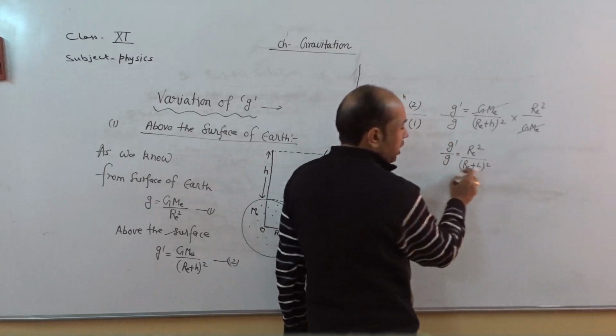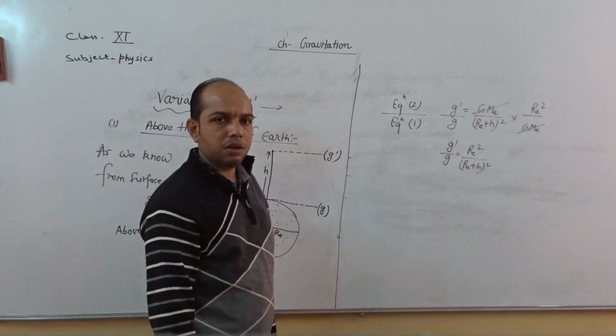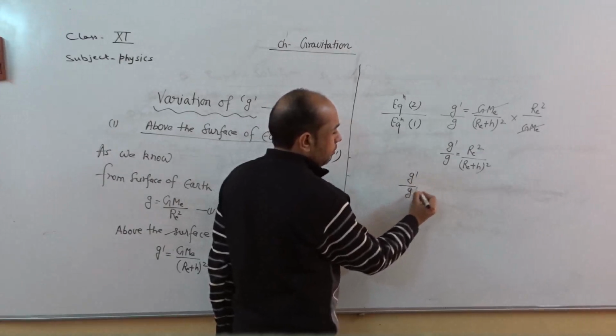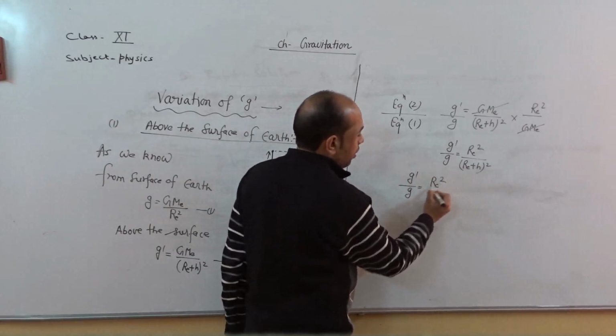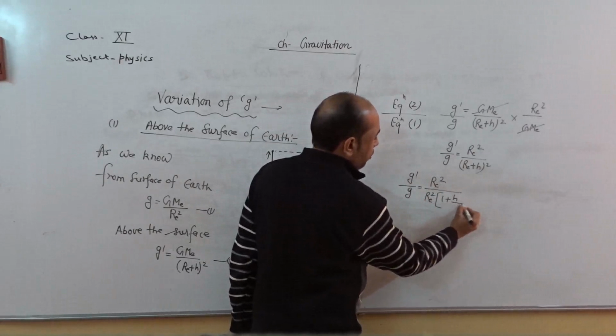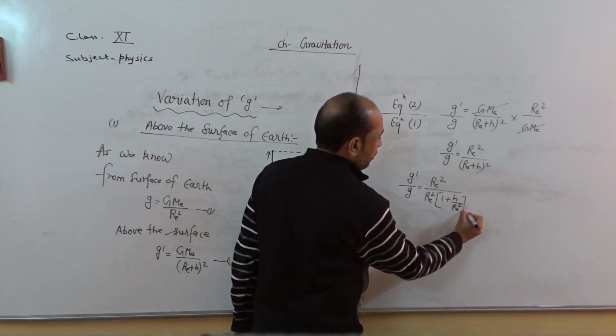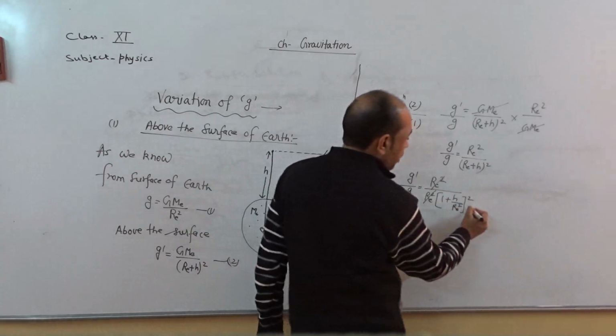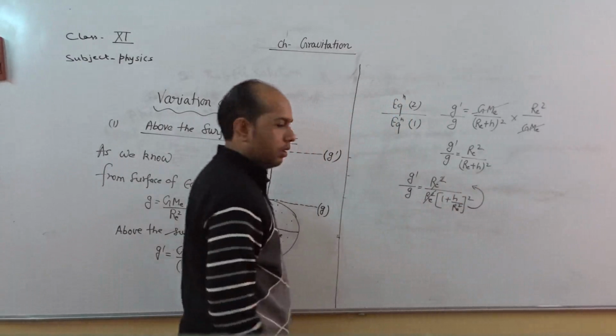In order to simplify, in the denominator part we use the binomial theorem. So g dash/g = Re² / [Re²(1 + h/Re)²], the Re² cancels out, and the denominator part is shifted to the numerator.